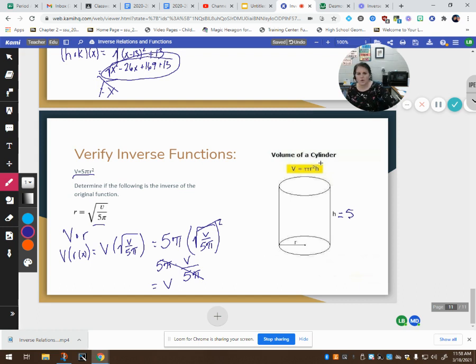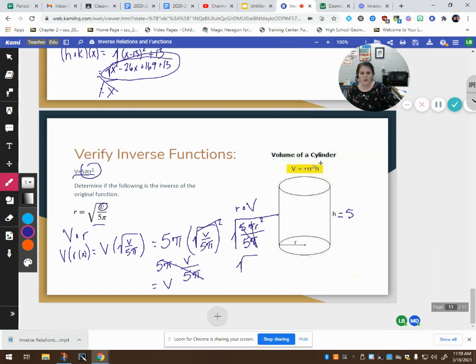So we're going to do r of v. Okay, so plug it in. This time we are plugging this in place of v. So I'm going to have the square root of 5 pi times r squared divided by 5 pi. Okay, so my 5 pi cancels.